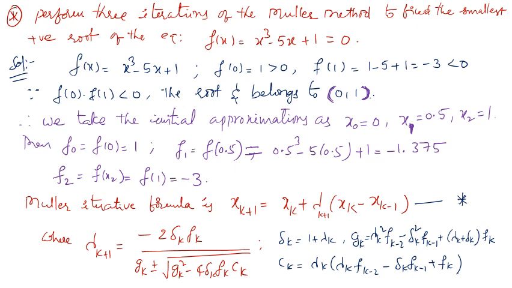Now let us start the first iteration. In this first iteration, what is first h2? What is hk value? Hk is nothing but xk minus xk minus 1. This implies h2 value first: x2 minus x1, that is right?